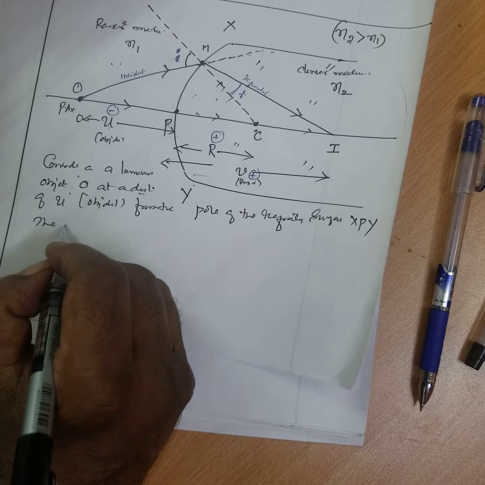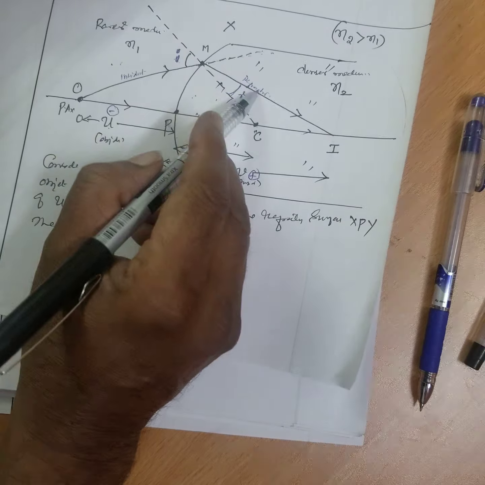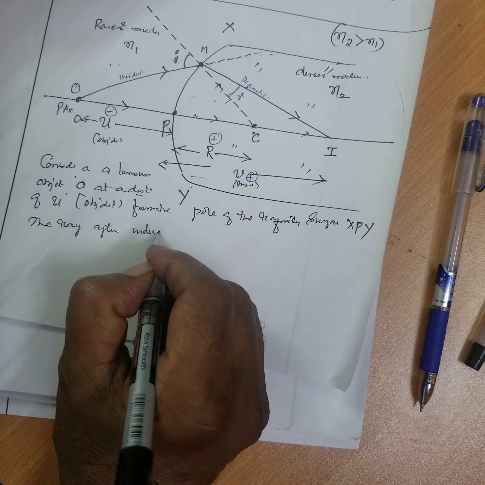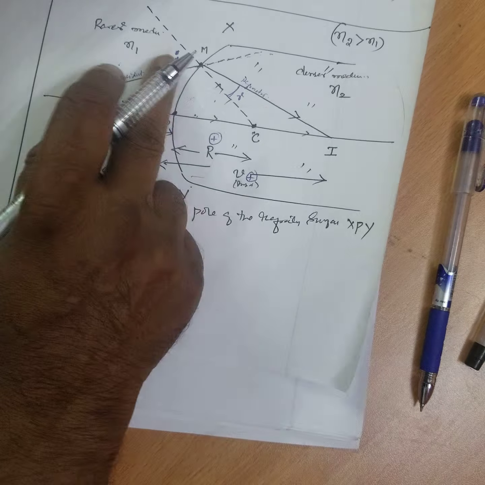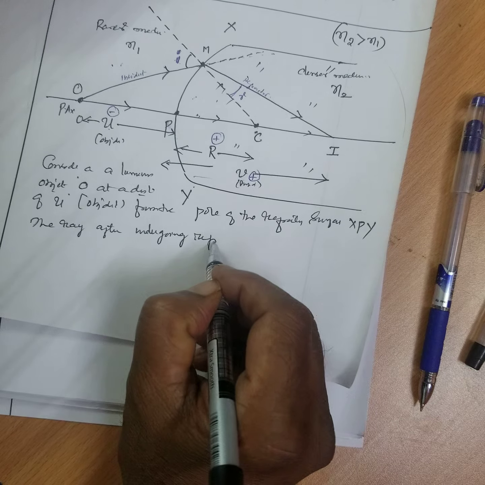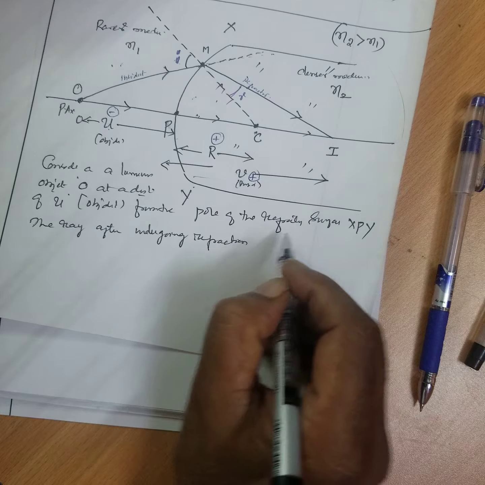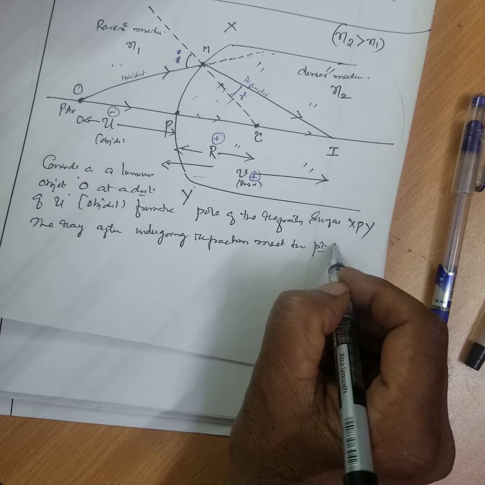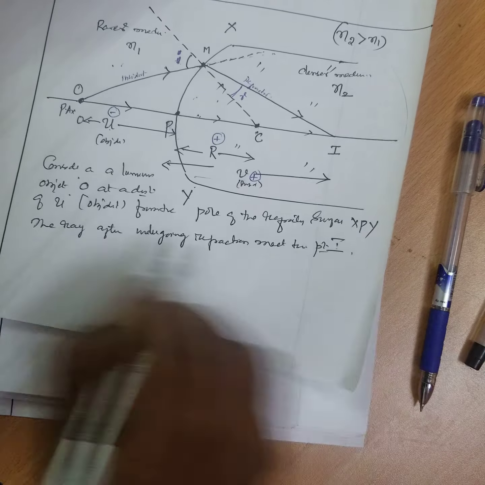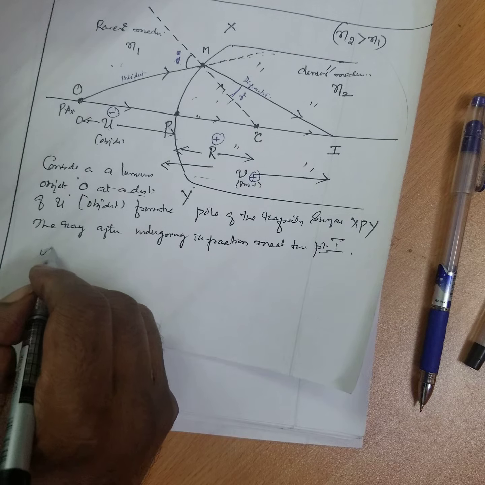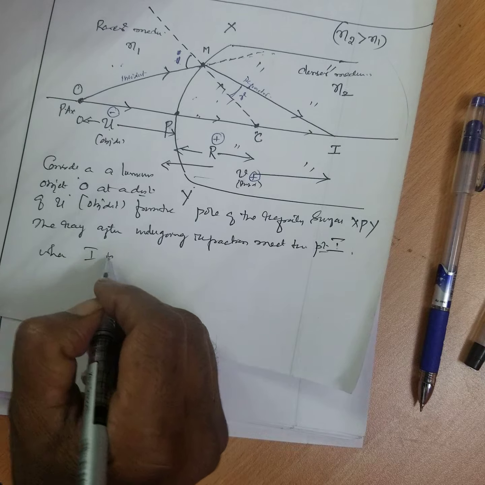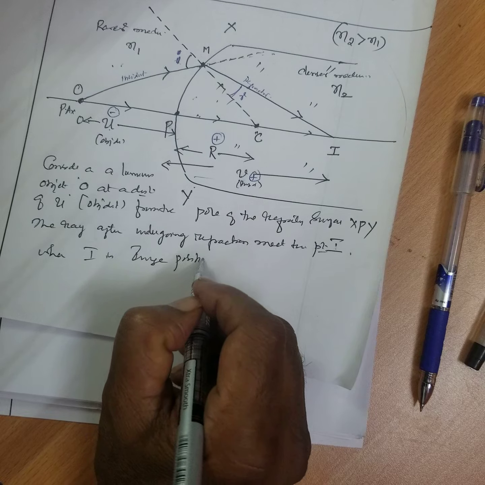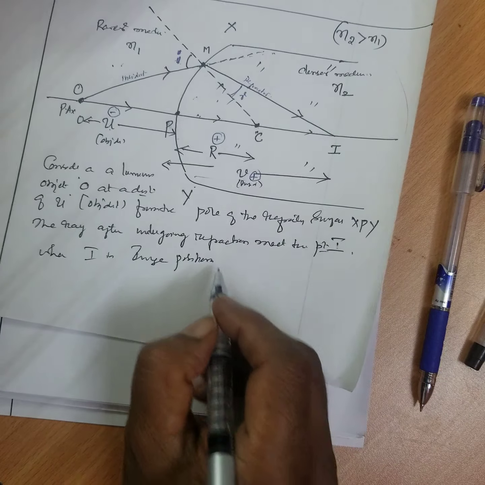The ray, after undergoing refraction, meets at the point I, where I is the image position, right?